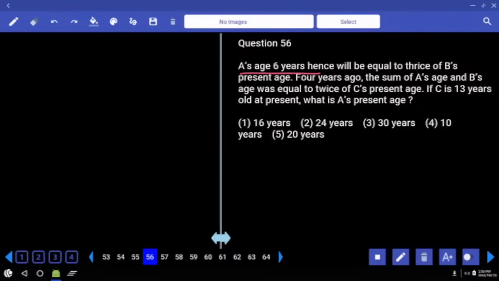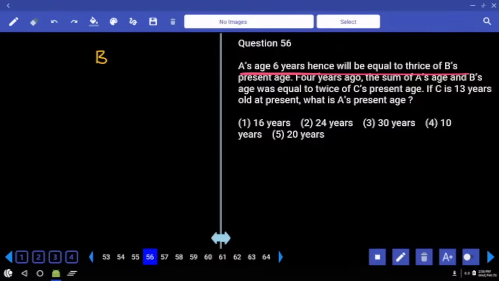A's age 6 years hence will be equal to thrice of B's age. If B's age is B, A's age after 6 years will be 3B. Underline the statement. After 6 years, A will be 3 times of B's age.